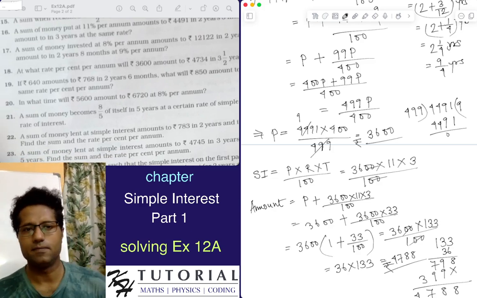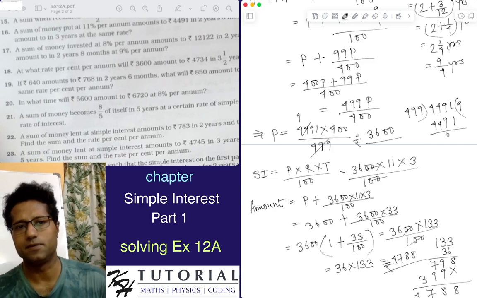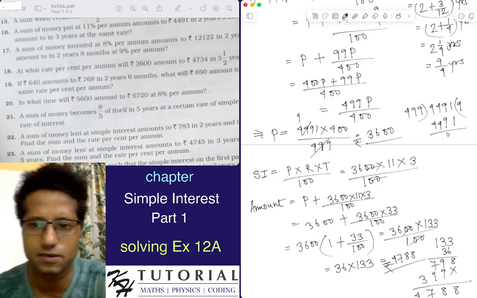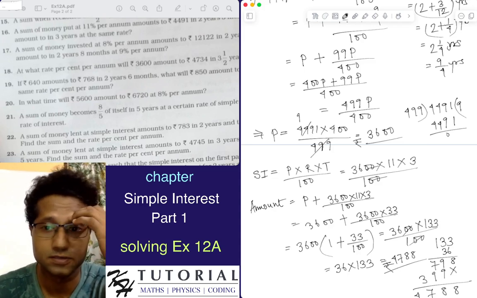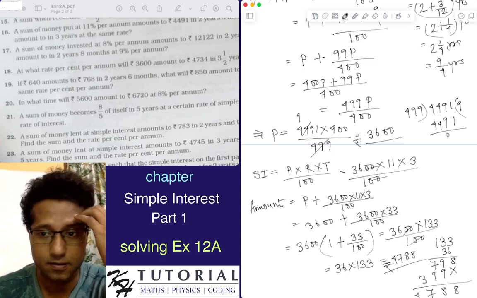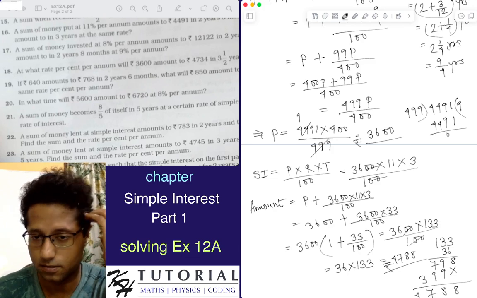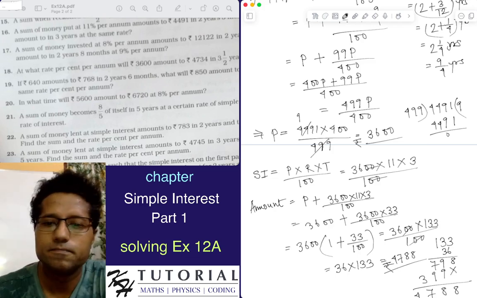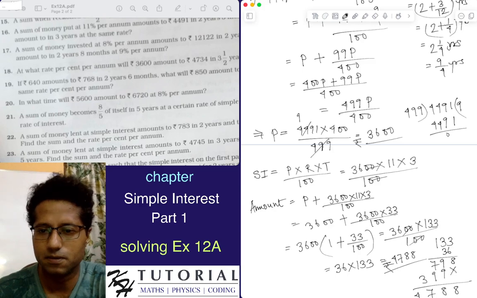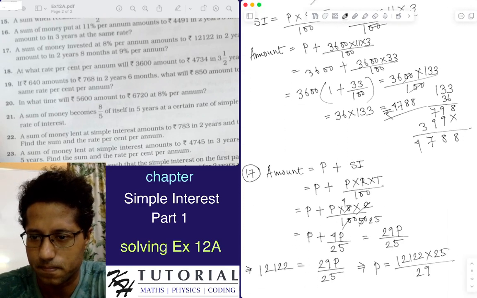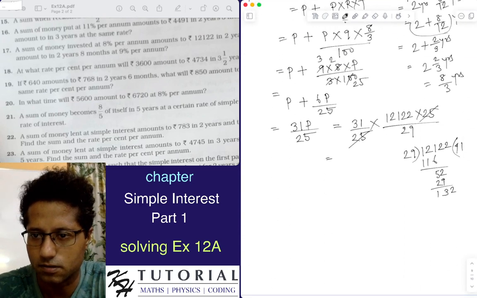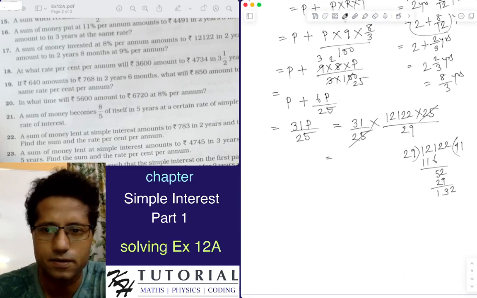Only the time period and the rate percent change, but the principal remains the same, which we already found in the first case. So we can use that principal to find the simple interest, and the amount will be the principal plus the simple interest. I might be making calculation mistakes, so the values are not coming out properly. Anyway, I will leave it here.